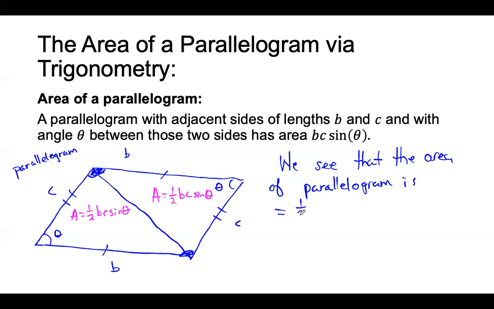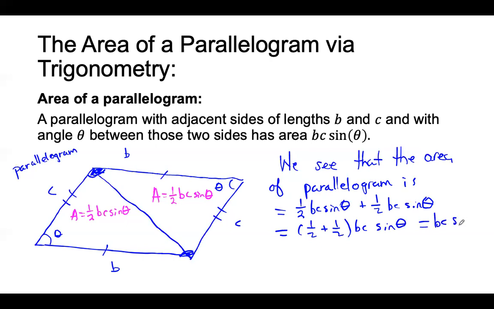So it's just going to be a half BC sine of theta plus a half BC sine of theta. We add them, a half plus a half times BC sine of theta. So this is just going to be BC sine of theta. So our area here is therefore BC sine of theta, which is what's given here.